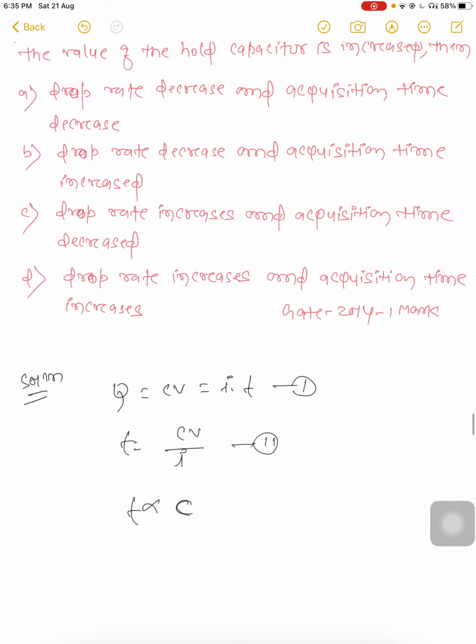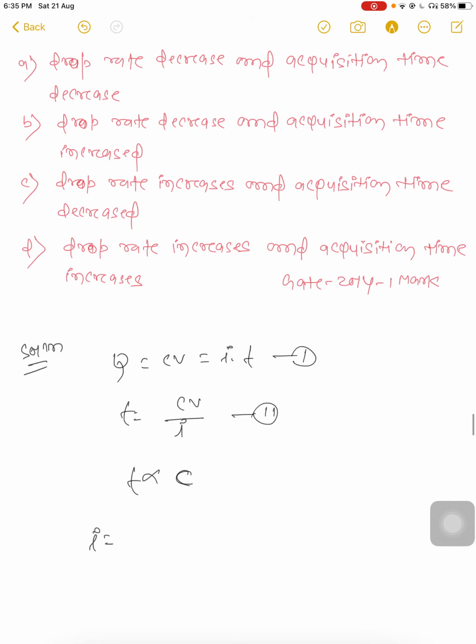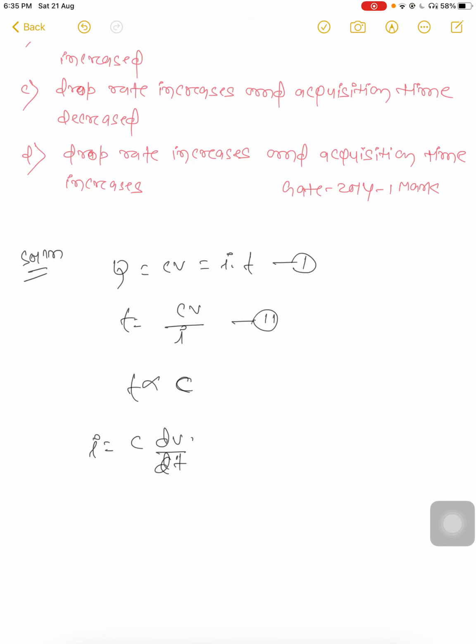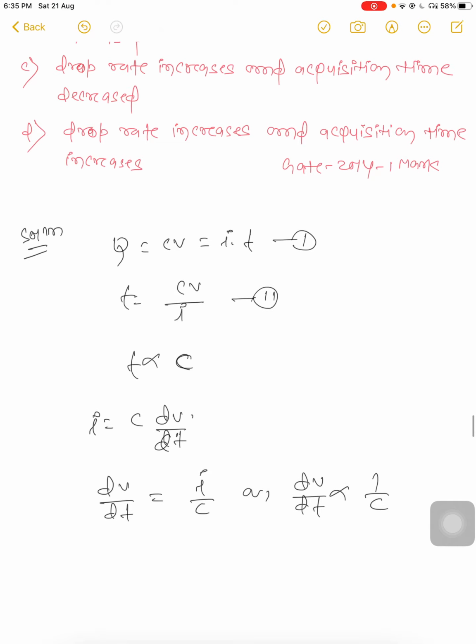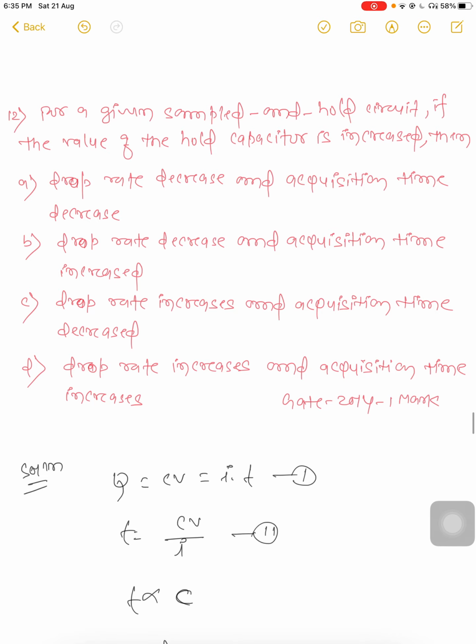For the capacitor drop rate, given as dV upon dt, I is equal to C dV upon dt, so dV upon dt is equal to I upon C, or dV upon dt is inversely proportional to C. From the above relation, it is clear that as the capacitor value increases, the drop rate decreases. So the drop rate decreases and the acquisition time increases.